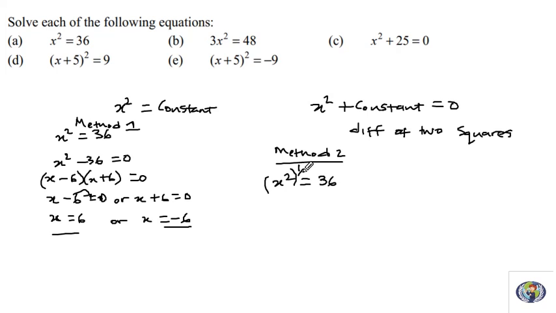Some say we just square root, but I tend to teach the whole concept because sometimes you might be caught unaware. So we multiply by half because it is an inverse of 2. So this 2 can divide there, it gives you x. And then this gives you 36 to the power half.